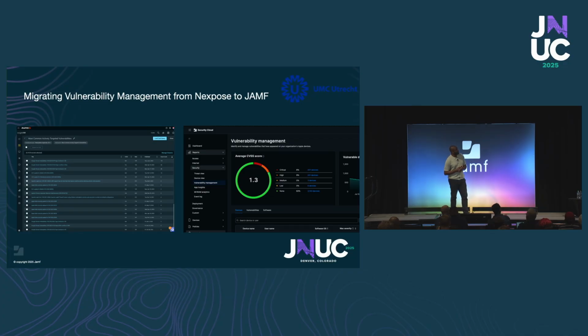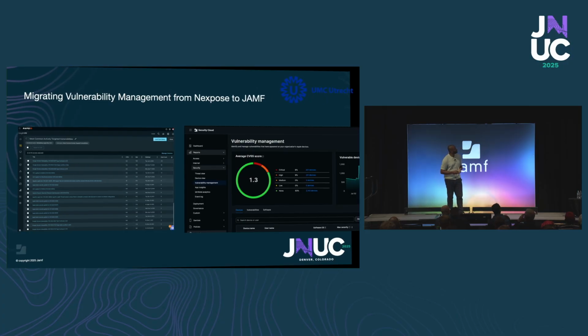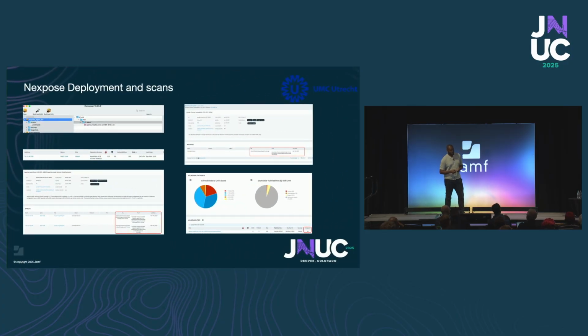So Jamf then introduced vulnerability management, where we can see in real time what's happening in our fleet. The deployment of the Nexpose agent was that you have to script it, configure it, and you get a dashboard where you can see if some vulnerability got installed on a Mac, like Log4j, or if your Chrome browser is out of date.